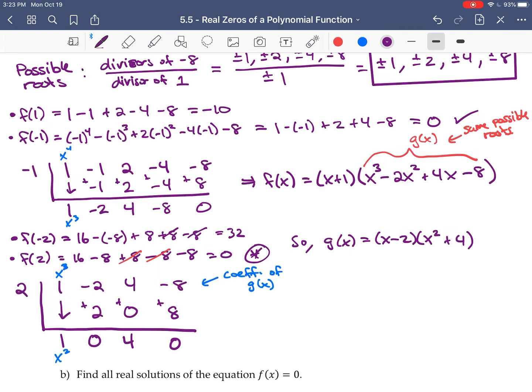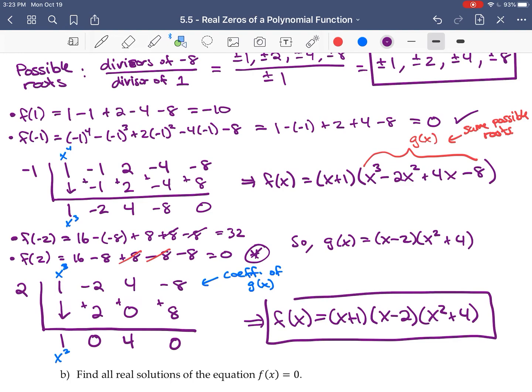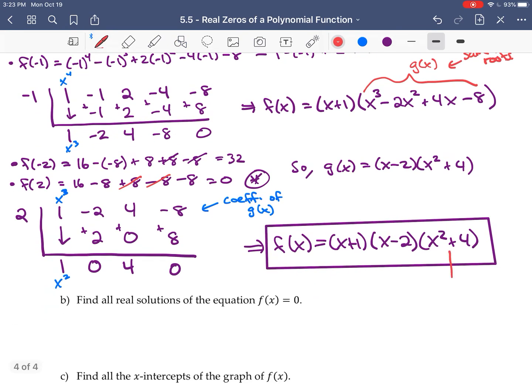Okay, so that means that our f of x is going to be x plus 1 times x minus 2 times x squared plus 4. And x squared plus 4 doesn't actually factor anymore. Okay, so this one is an irreducible quadratic polynomial. Okay, so it doesn't factor any further, so that's how we would leave our answer.